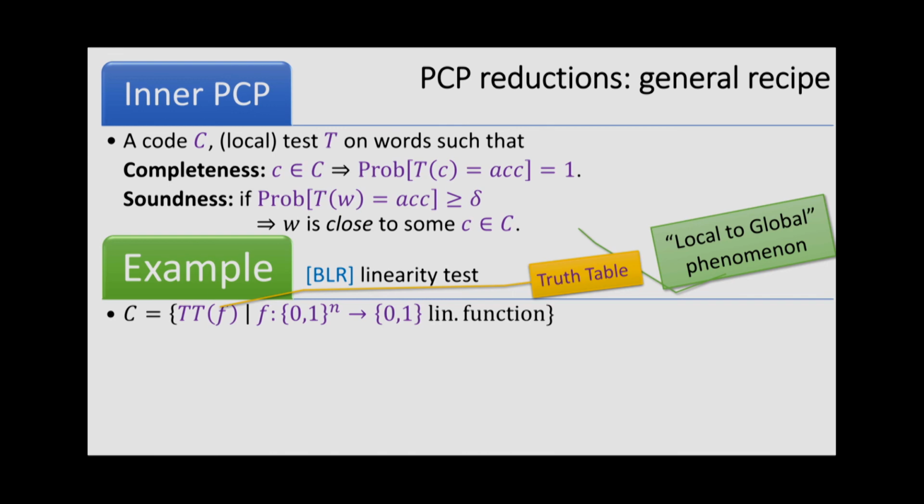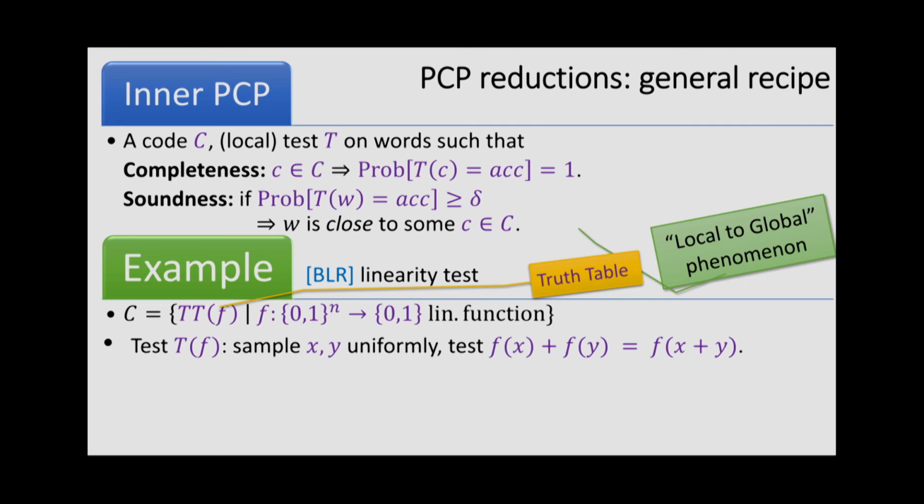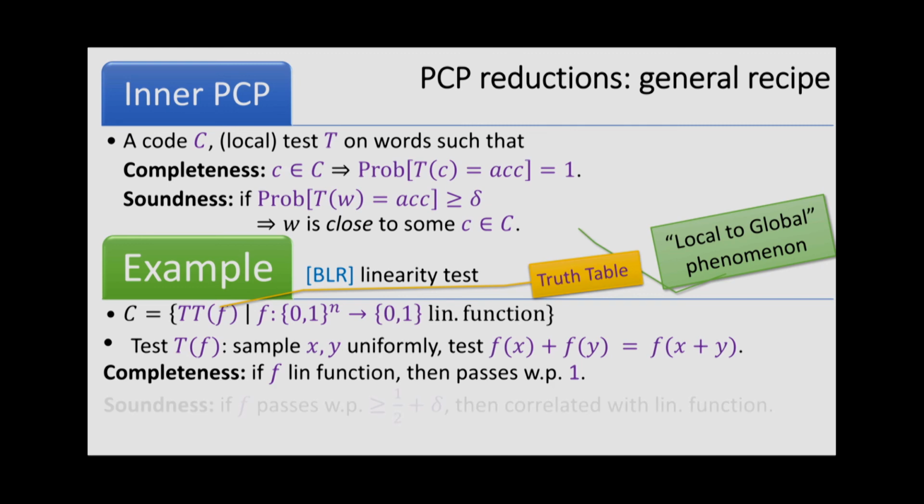You look at the definition and you do what it tells you. You sample two points x and y uniformly from the cube, and you check whether f(x) plus f(y) is equal to f(x plus y), where all the arithmetic is done over F2. Clearly this test has completeness, because if your function is linear, it always satisfies this relation. So the test passes with probability 1.